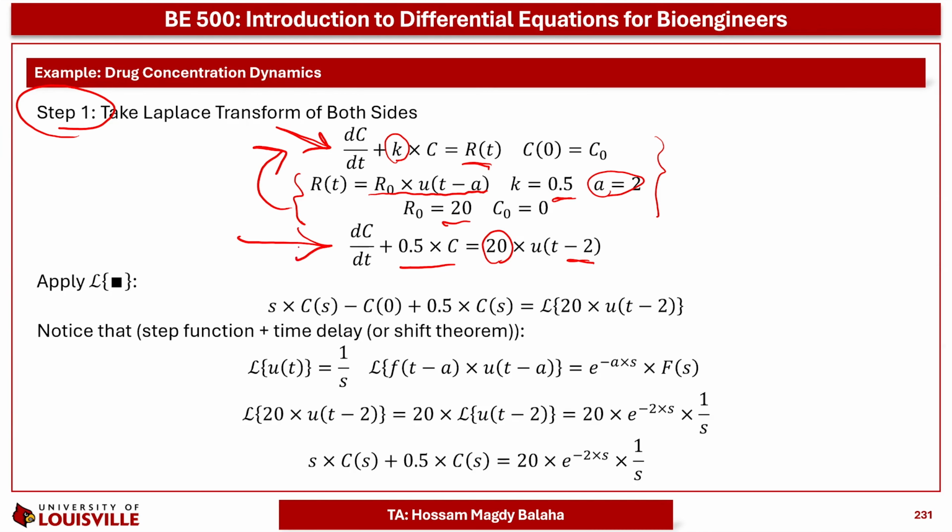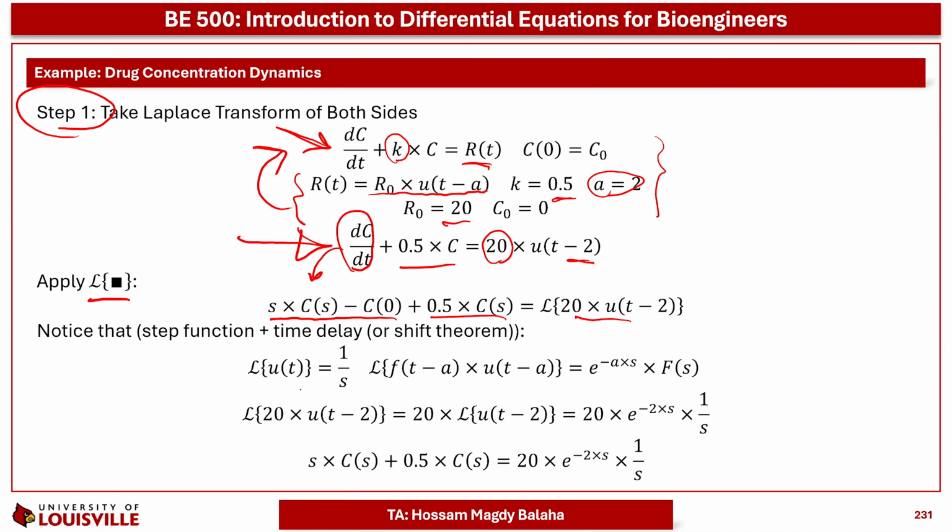So this will be our equation. Let's apply the Laplace transform. So dC/dt will be s multiplied by C(s) minus C(0), and 0.5 multiplied by C will be 0.5 multiplied by C(s). And the Laplace of the unit step multiplied by 20 will be like that.